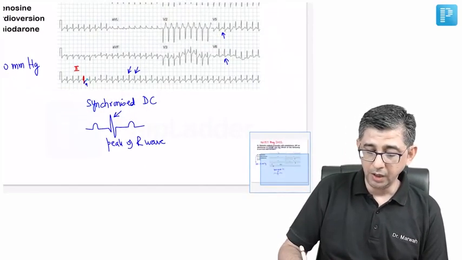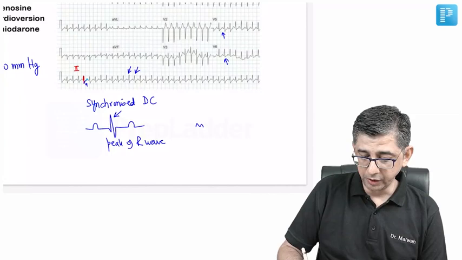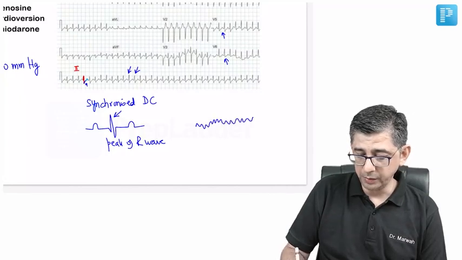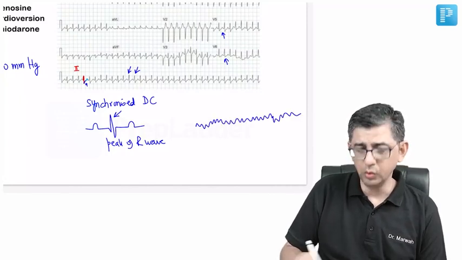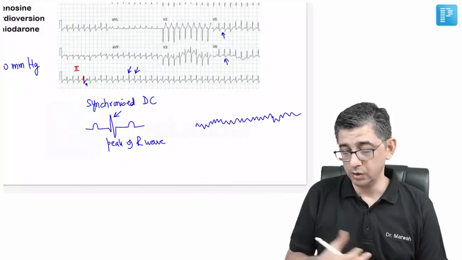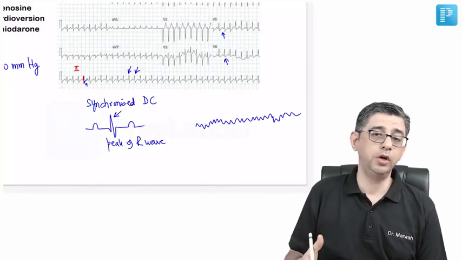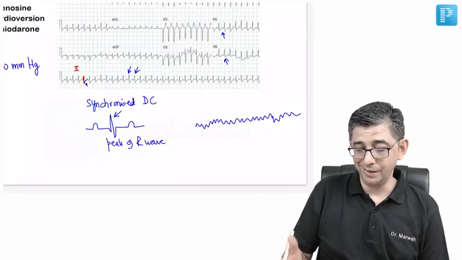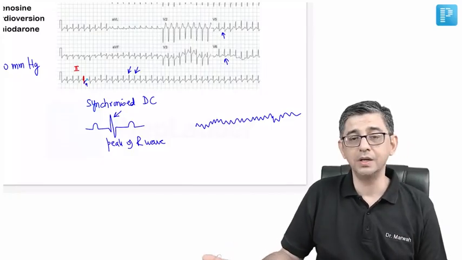But subsequently, I will be teaching you arrhythmias like ventricular fibrillation, in which there is going to be twitching around the baseline and there are no P, Q, R, S, T, U waves. I mean, nothing like normal is present. So the computer will get confused. The computer will not be able to understand the peak of the R wave because there is none.